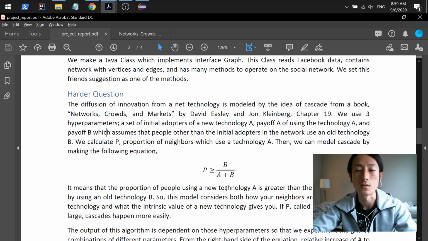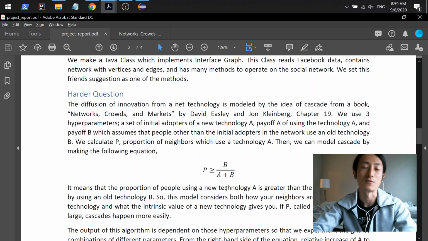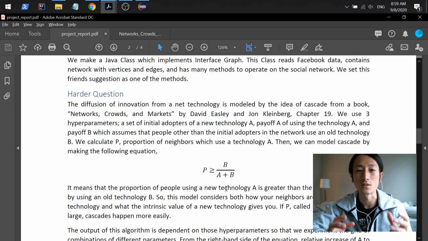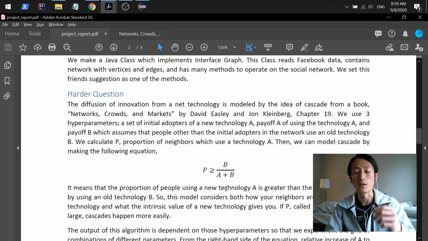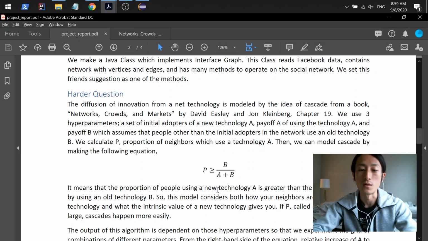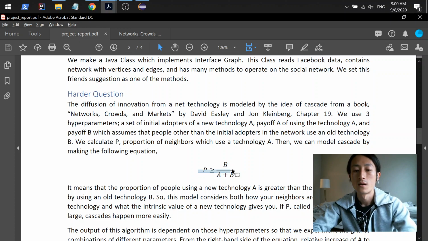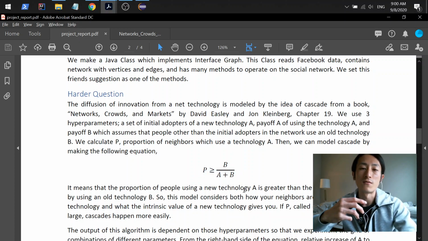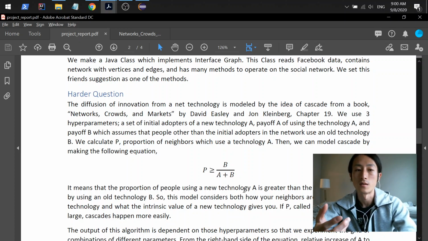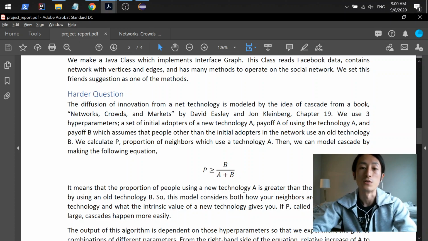Here P means the proportion of your neighborhood who are using the new technology A. We assume we only have two technologies, new technology A and old technology B. B is the payoff of using old technology B, and A is the payoff for A. So this equation means that if the proportion of people who use the new technology is bigger than the payoff threshold, you should switch to the new technology.